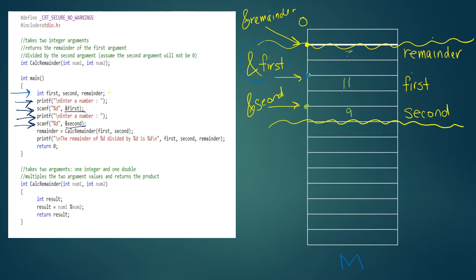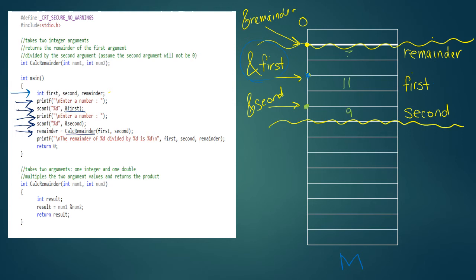All right, so now we are at this statement right here. So what happens on this statement right here? On this statement right here, we have a function call to the function called calc remainder.